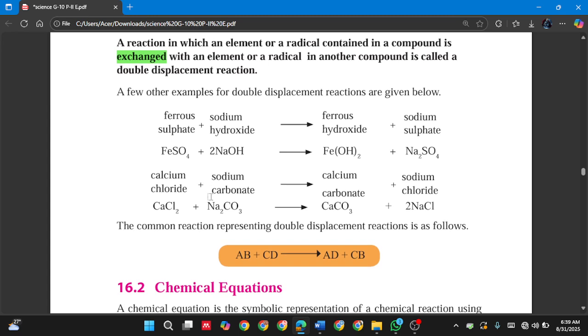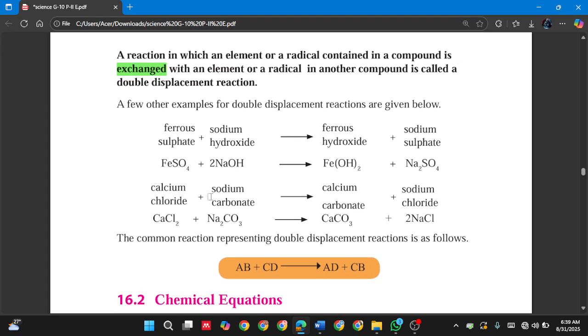A few other examples for double displacement reactions are given below.